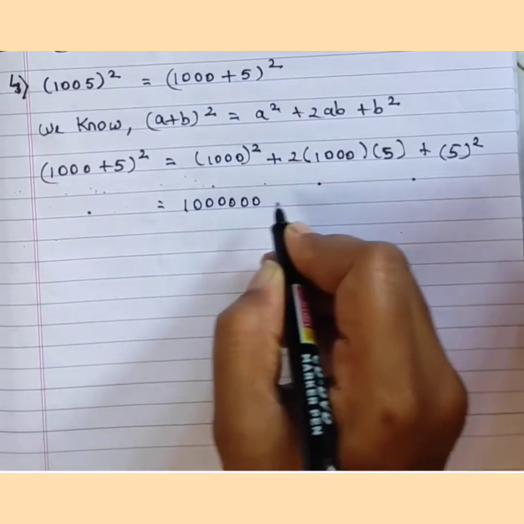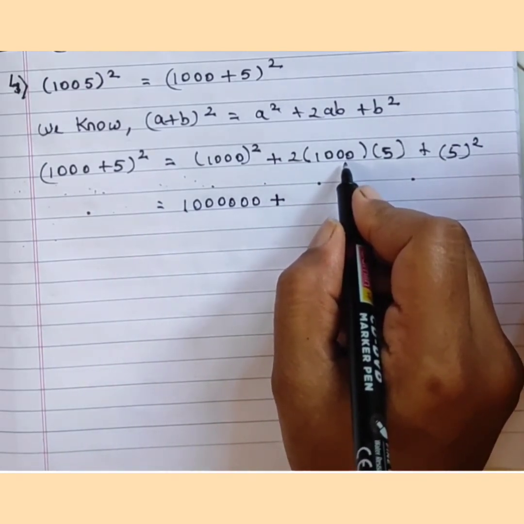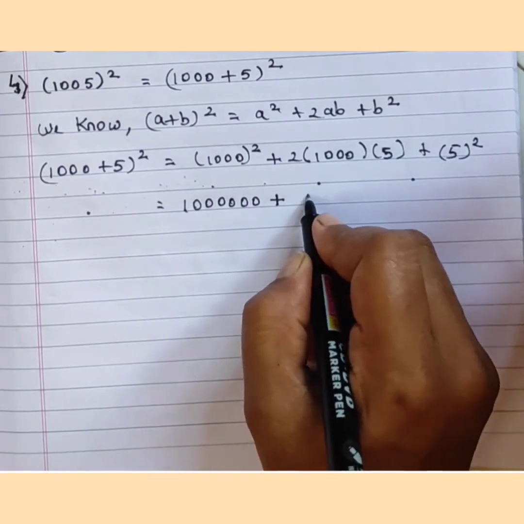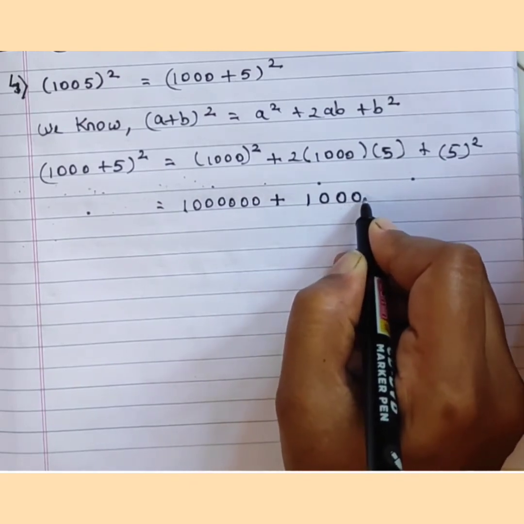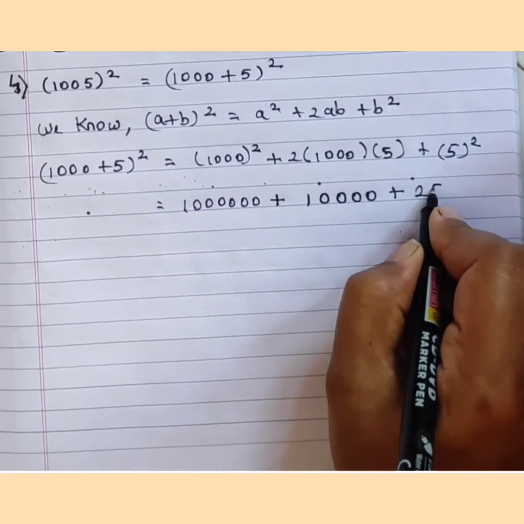Yes, and you put 1 over here, plus 2 into 1000, 2000 into 5, that gives you 10,000. So you will write 1, 0, 0, 0, 0, 0, 0 plus 10,000 plus 5 5s are 25.